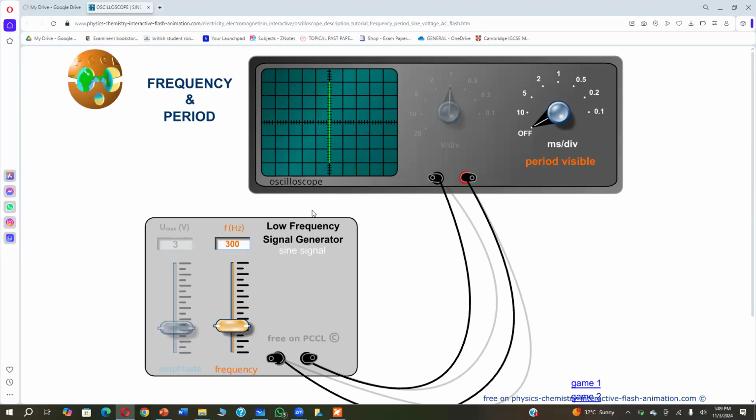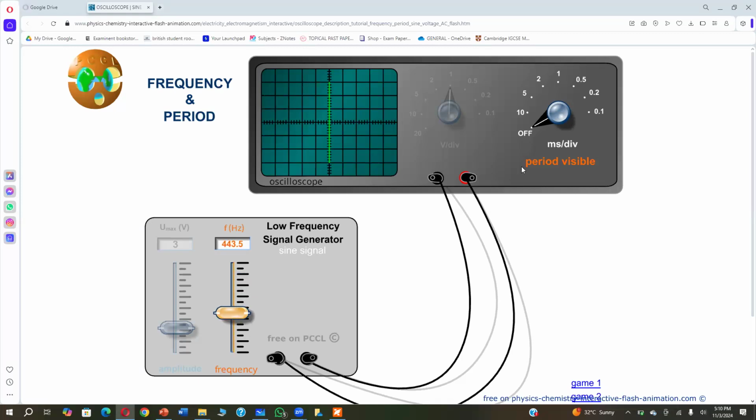They help you work like in a laboratory, and this website shows multiple simulations in physics and chemistry. The benefit is that you can change the values. Look, I'm changing the value, frequency and period, the time period I mean.